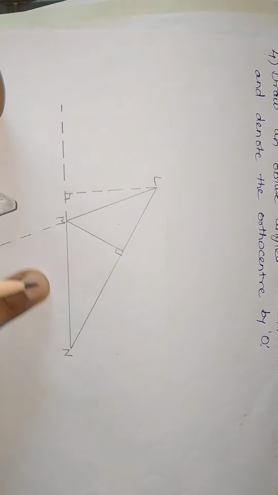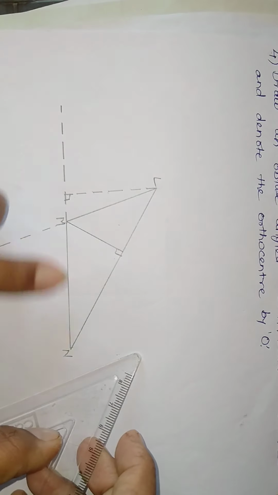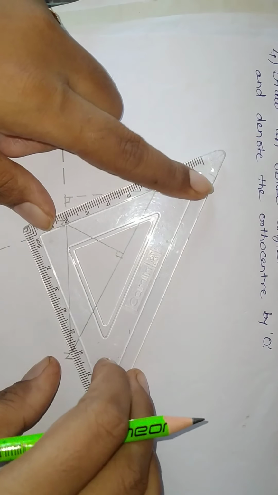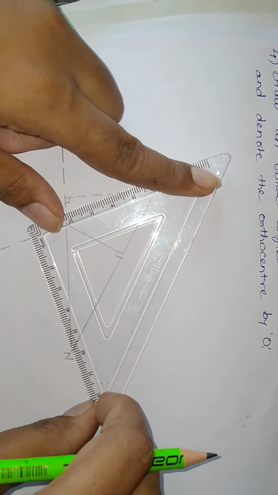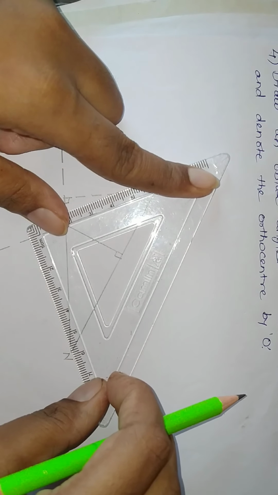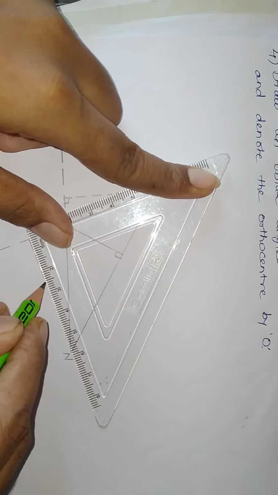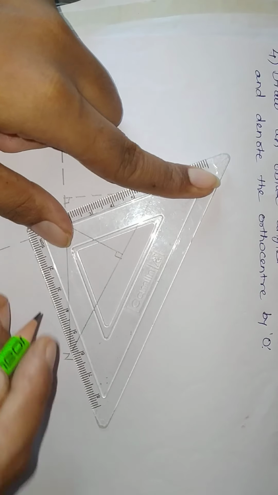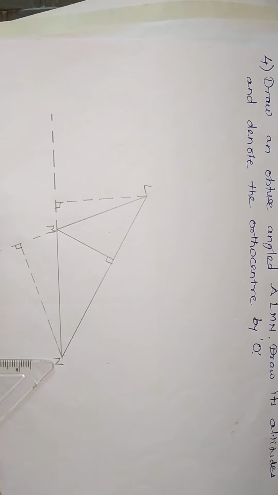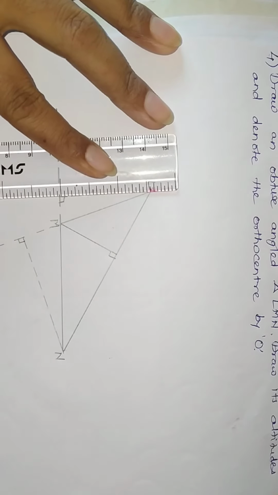This is for L, this is for M, this is now for N. See, for point N we have to keep it like this. This is coinciding with the dotted line and touching the vertex N, like this. Now we have to extend these lines too to get the orthocenter.